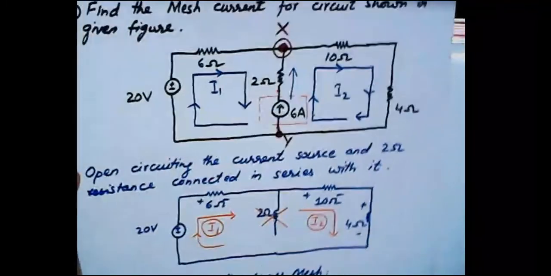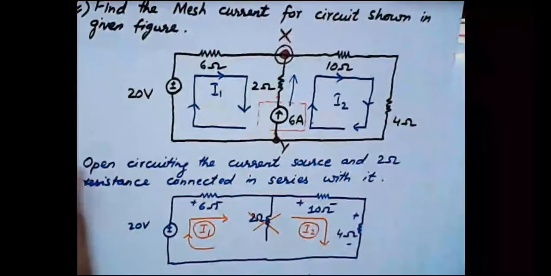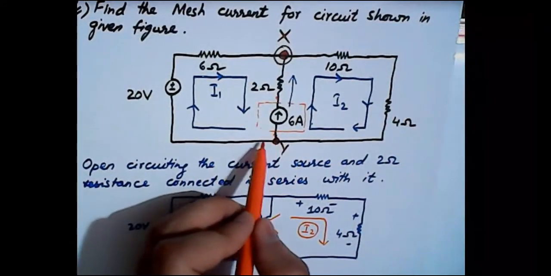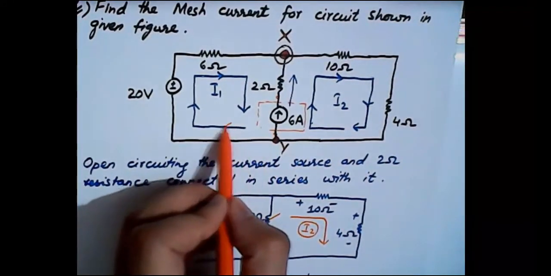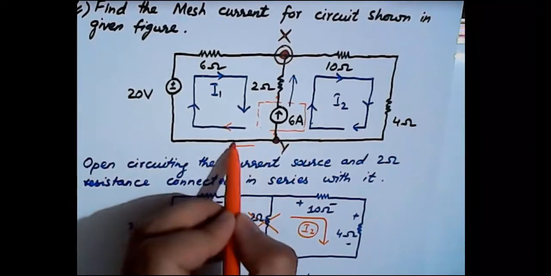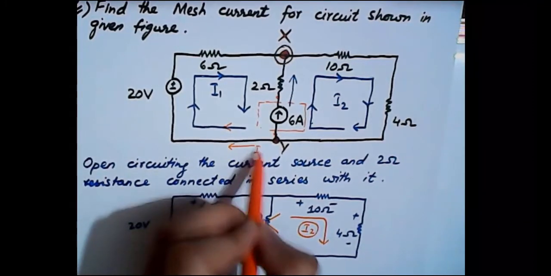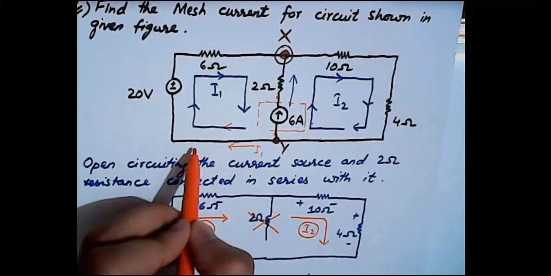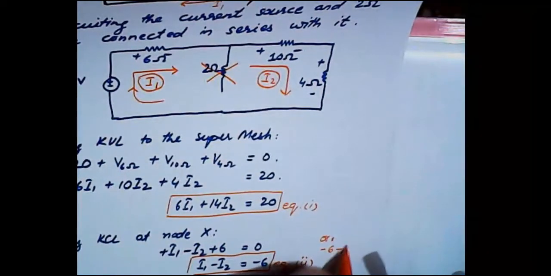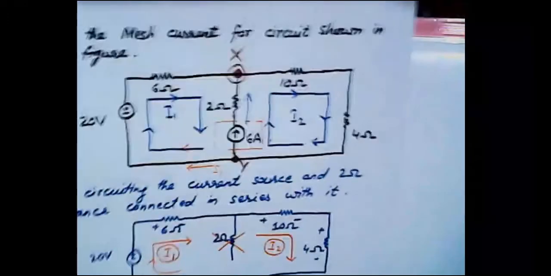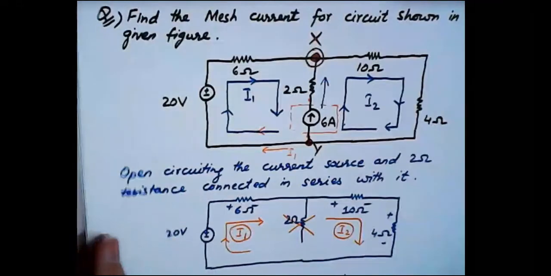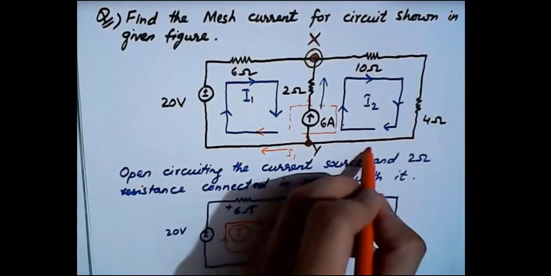Understand? Now we can see that the current I1 is directed in this way, so it is leaving node Y. So it will be -6 minus I1. And what about current I2? I2 current here is approaching.